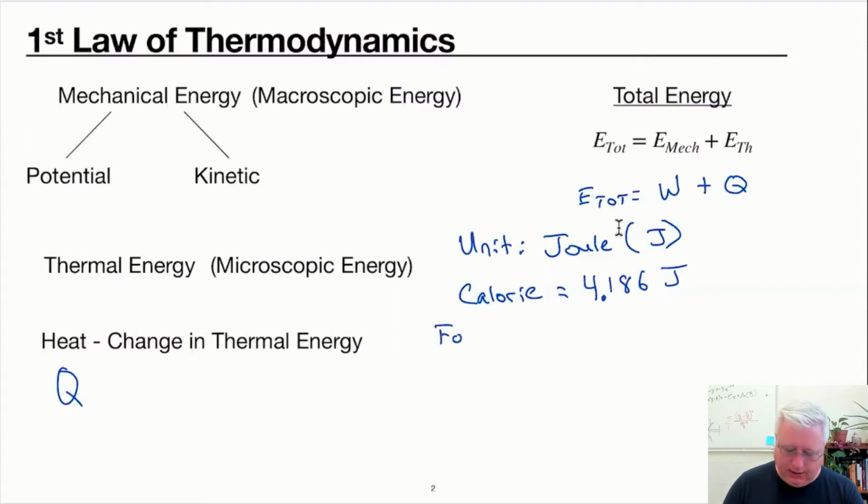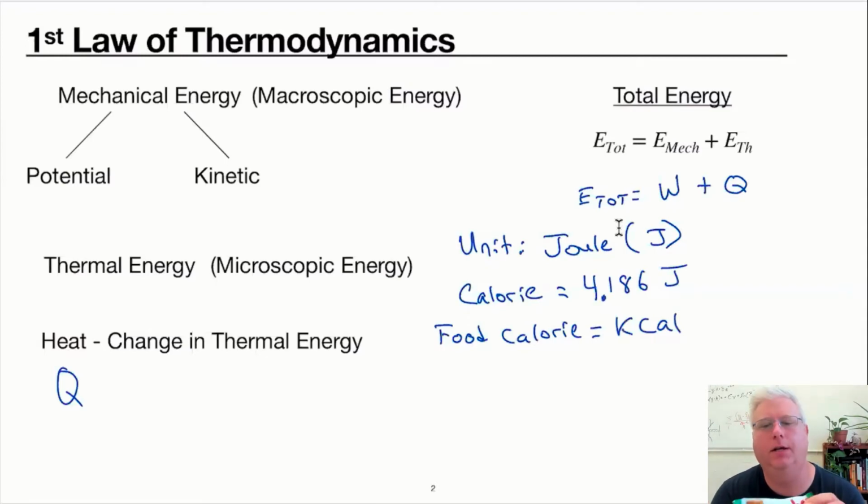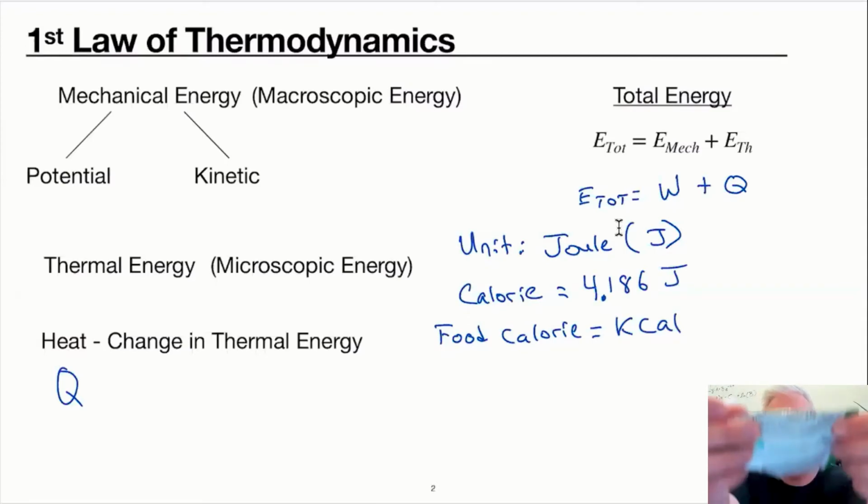is called the kilocalorie. If you look at nutrition labels, they will usually say kcal or something like that. So if you read the label on something, and water doesn't have it, but Combos here, it tells me I have 240 calories.